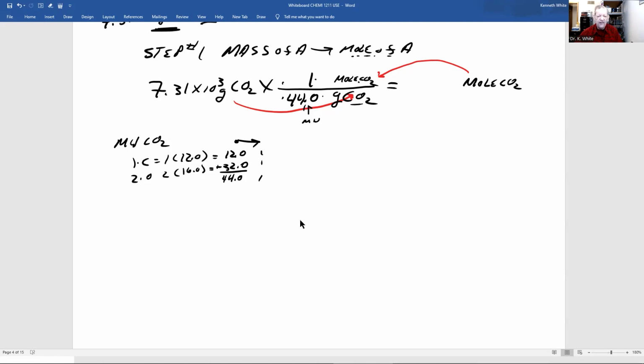Now, if you notice, grams divided by grams of CO2, anything divided by itself equals the number 1, meaning it cancels out. And we're left with moles of CO2. So now I'll pick up my calculator.